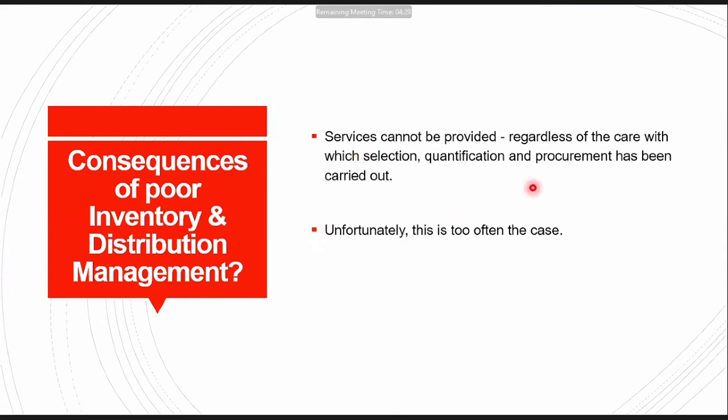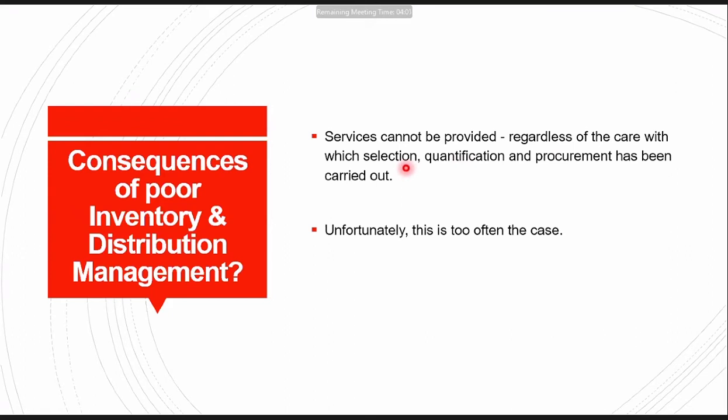Now, what are the consequences of poor inventory and distribution management? Okay, so you find that services won't be provided regardless of how well you did your quantification and your procurement, how well you invested in this activity or these activities, the other activities of the drug distribution chain.